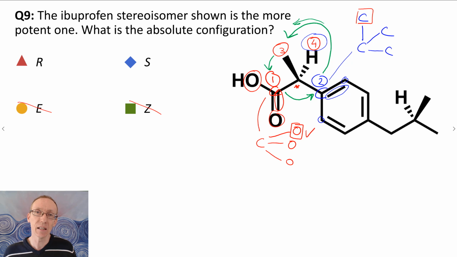So that's a left-hand turn on the steering wheel, or it's the start of the letter S. Okay, so this is the S configuration. So the correct answer is the blue diamond. S is the more potent or more biologically active enantiomer of the non-steroidal anti-inflammatory drug ibuprofen.